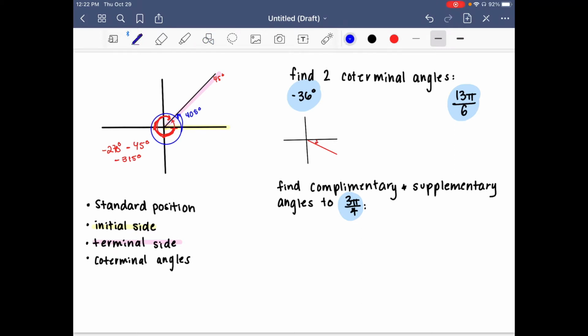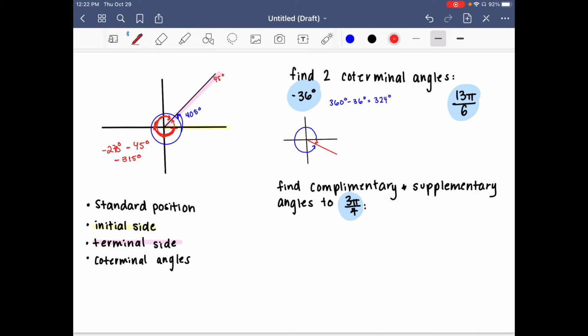Now my options are I could have a positive angle that meets all the way around. That angle would start from 360 if I went all the way here, but then I need to subtract that 36-degree angle. So I have one option, which is 360 degrees minus 36 degrees, which is a 324-degree angle.